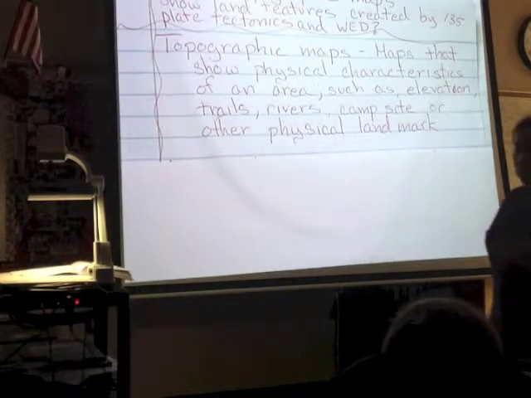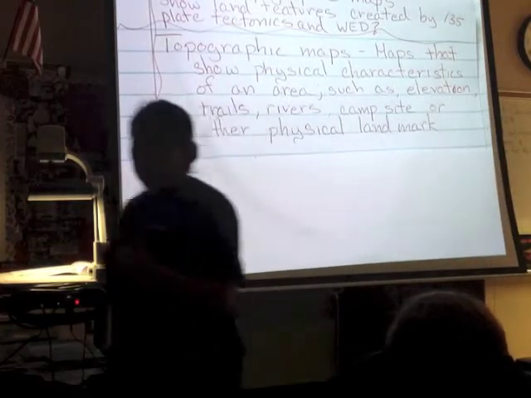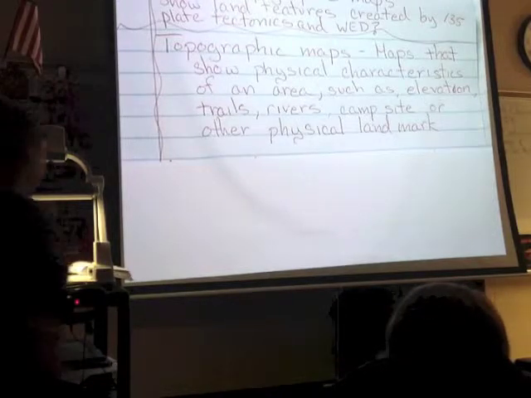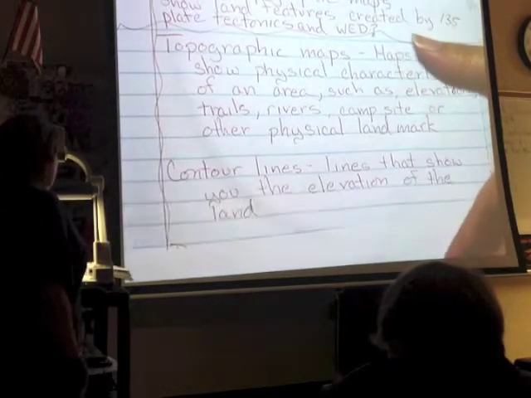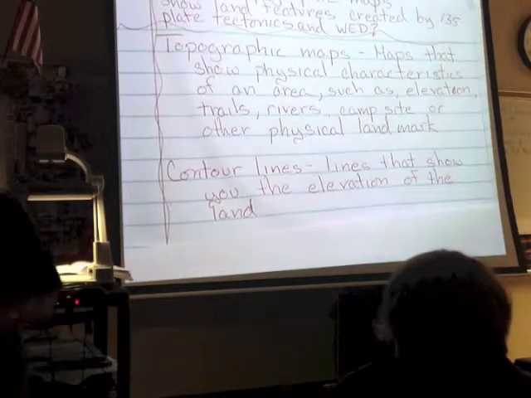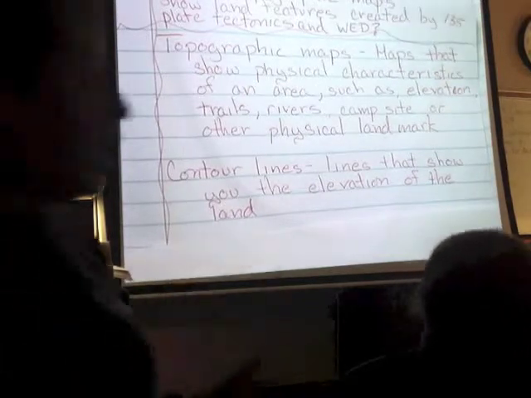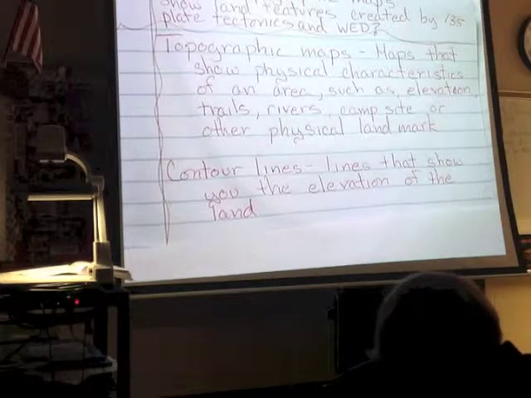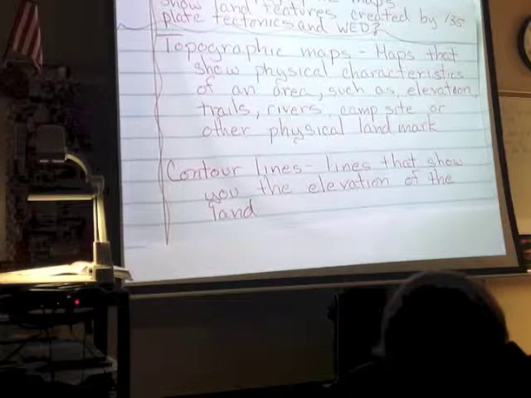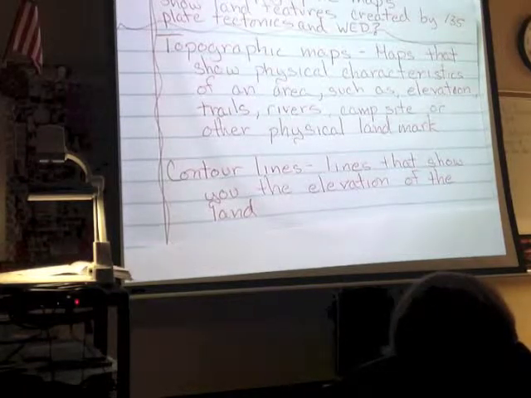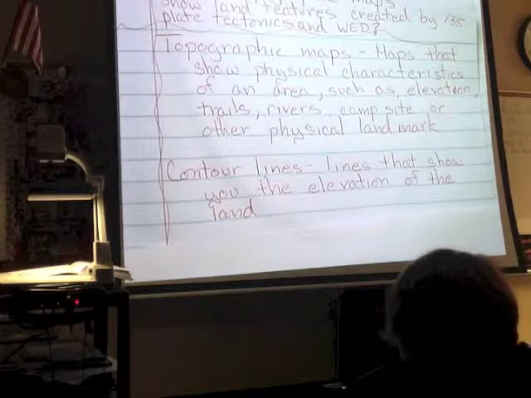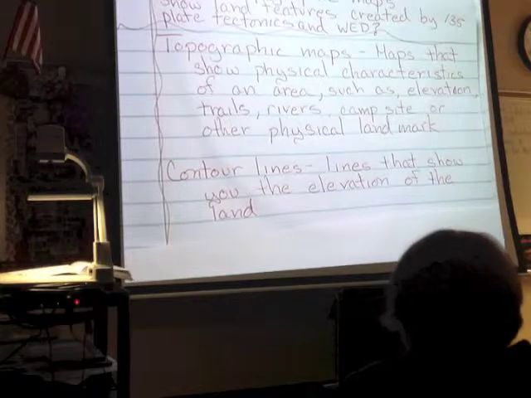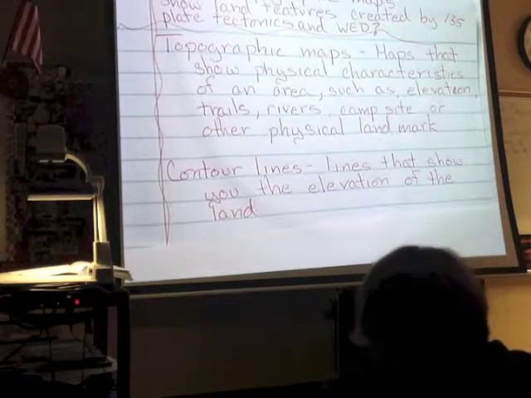Now, the major thing that we're going to focus on is looking at how topographic maps show you elevation. And the way they do that is through what we call contour lines. Contour lines are just basically lines that show you the elevation of the land. The way those contour lines are made is through land surveys. They'll go out and measure every so often what the elevation is at specific heights.